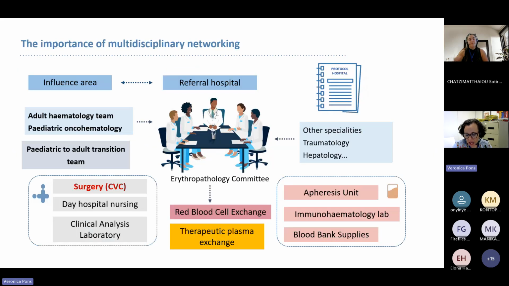And these meetings are attended, as you can see, by different specialists from both adult and pediatric departments. And I think it's very easy to discuss patients in these meetings.